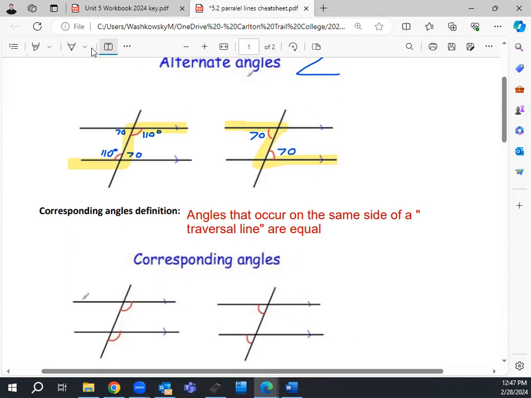So corresponding angles, when we look for these, we are looking for F's. And so you might be wondering, well, what the heck is a transversal?